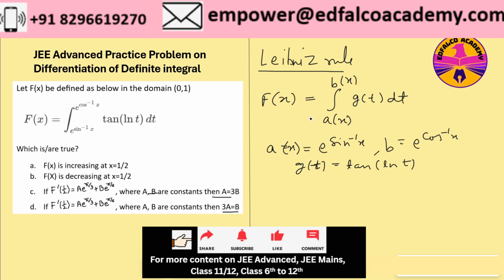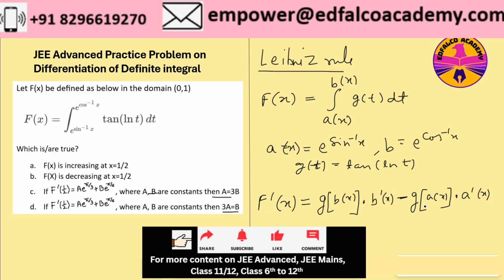Now if this is the format of the definite integral where the limits are themselves functions of x, then we can find f dash x using Leibniz rule, which says f dash x will be equal to the value of g function at the upper limit first, which means value of g at b of x, multiplied by b dash x, which means we are taking the differential of the upper limit with respect to x, and then minus again the value of g at the lower limit, which is a of x, multiplied by a dash of x, which means differentiation of the lower limit with respect to x.